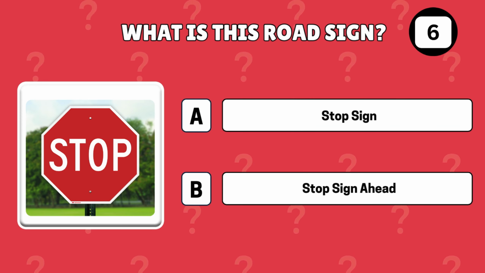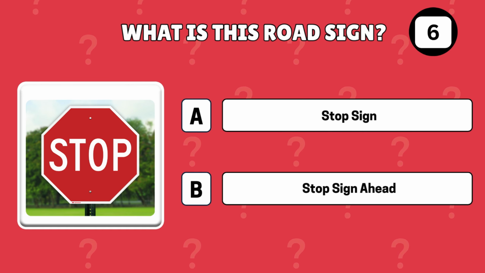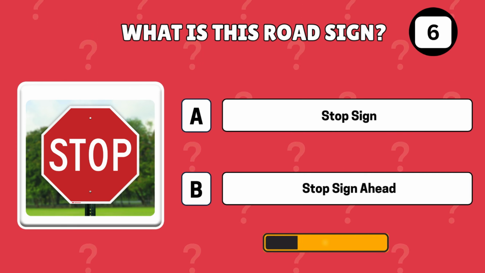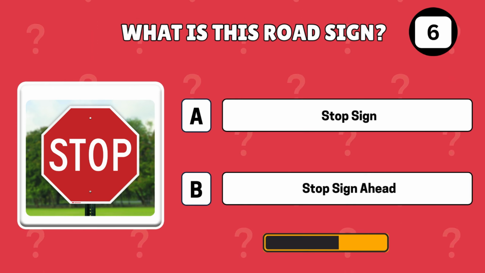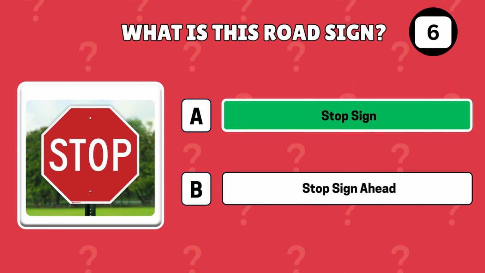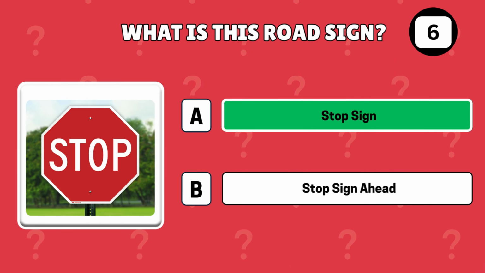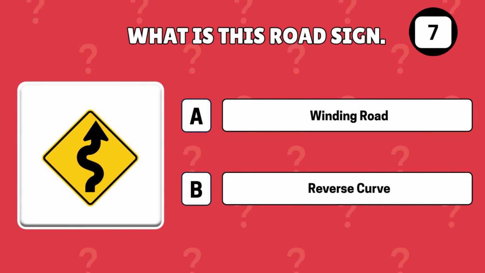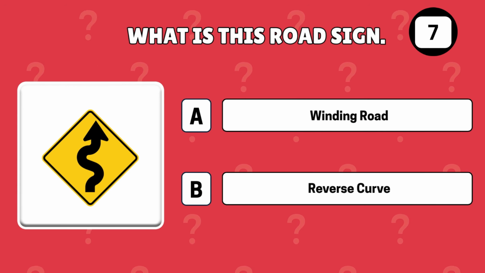What is this road sign? A. Stop sign. B. Stop sign ahead. Well done. This is the stop sign. What is this road sign? A. Winding road. B. Reverse curve.